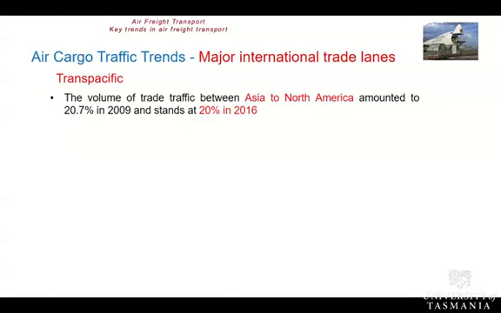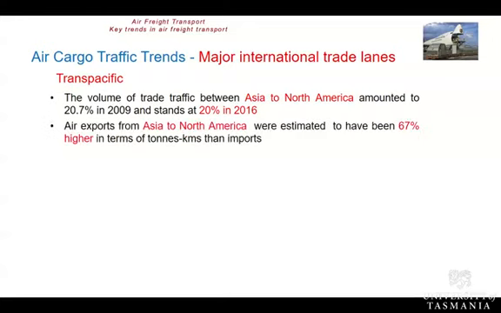The characteristics on this particular lane: it hasn't changed a lot in terms of its volumes over the last 6 or 8 years, standing at around about 20%. So there hasn't been a lot of change. One thing that is significant about this trade lane is a significant imbalance. 67% more goods moved from Asia to North America than moved from North America to Asia.